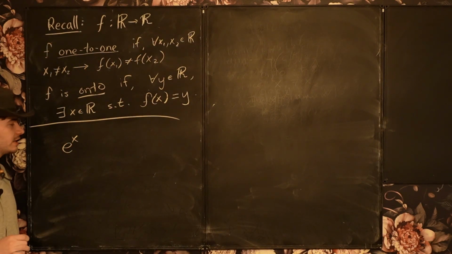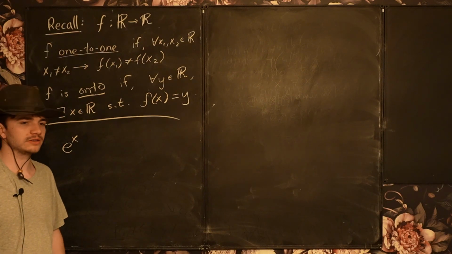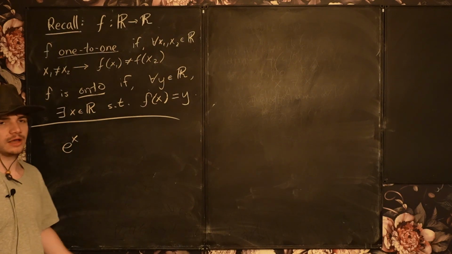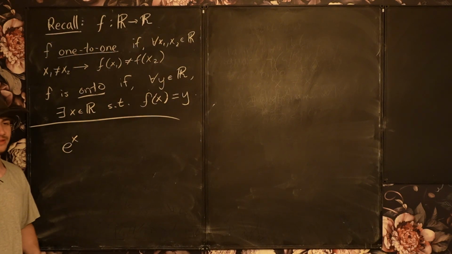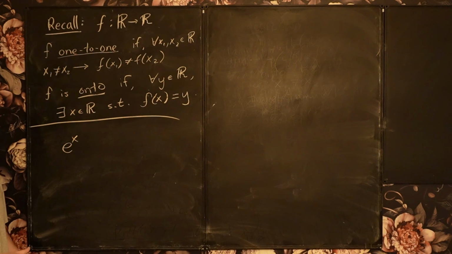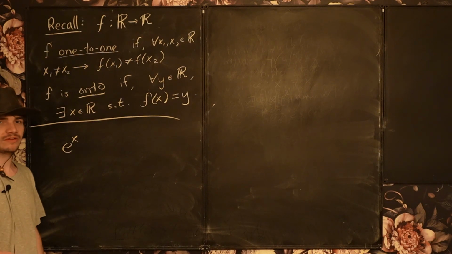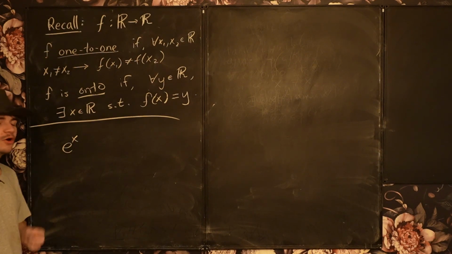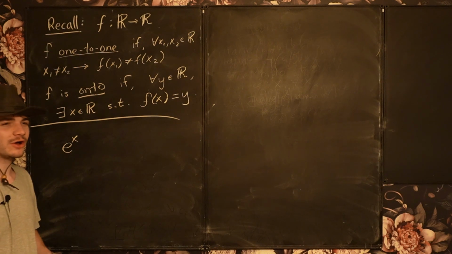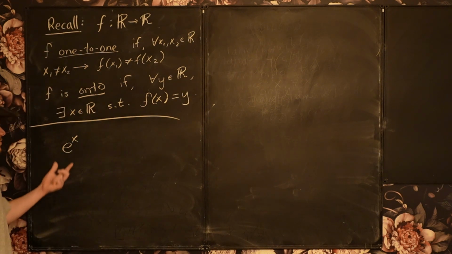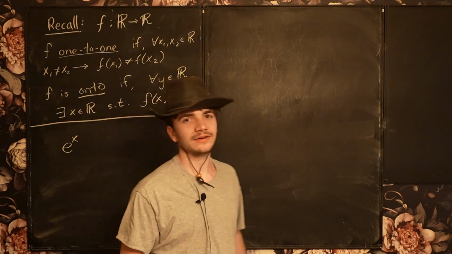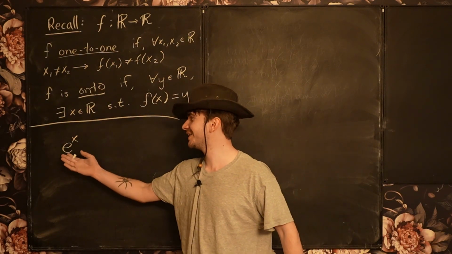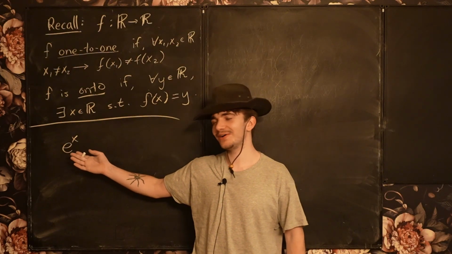Now I'm going to get very heuristic, because at this point, we should be going to Papa Rudin if we want to start with e to the x. This is just ridiculous, asking this question about e to the x before we've even built the real numbers, before we even know what e is, we don't even know what the natural numbers are. We're unprepared to tackle whether or not e to the x is 1 to 1 or onto.